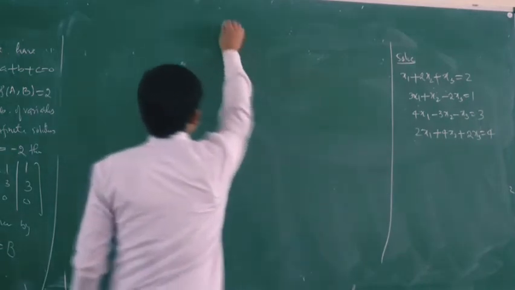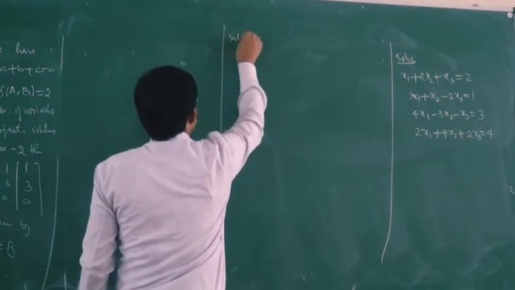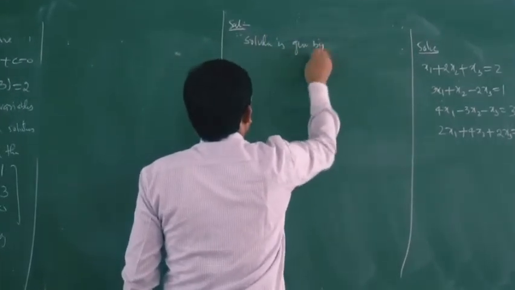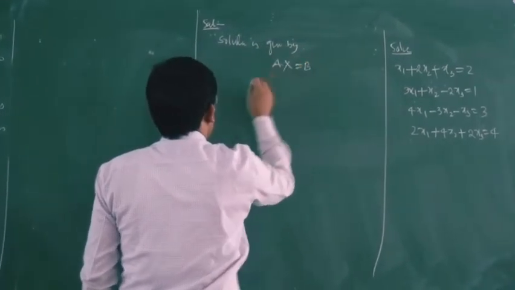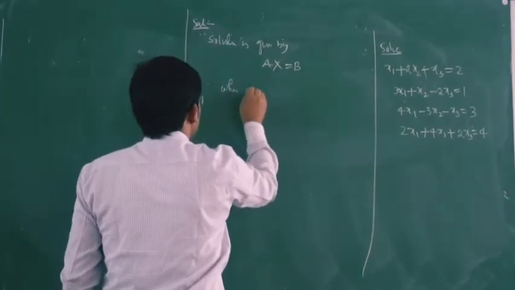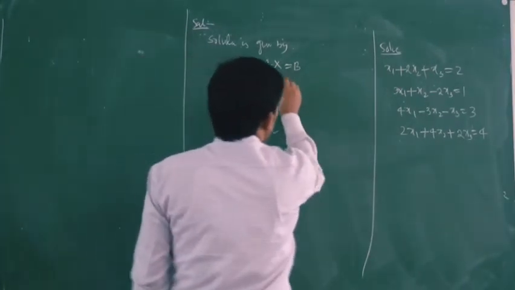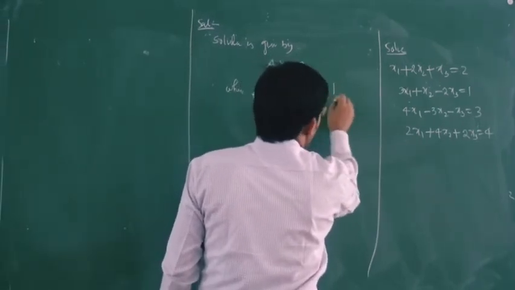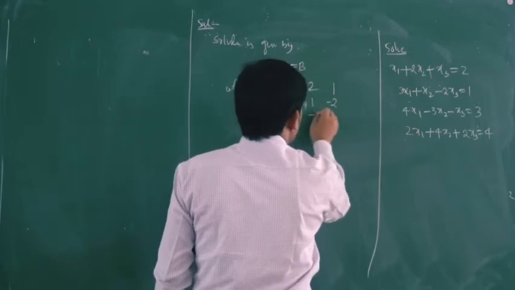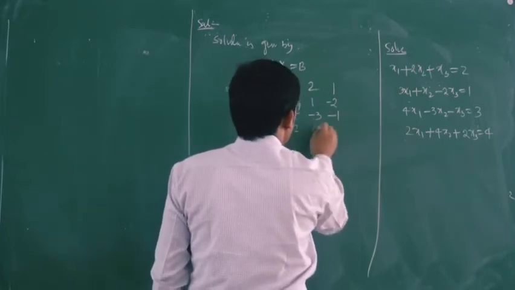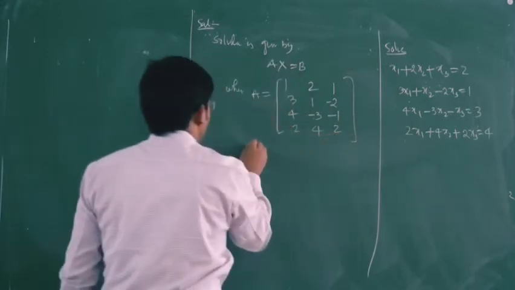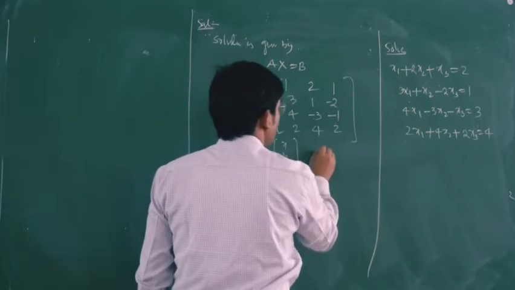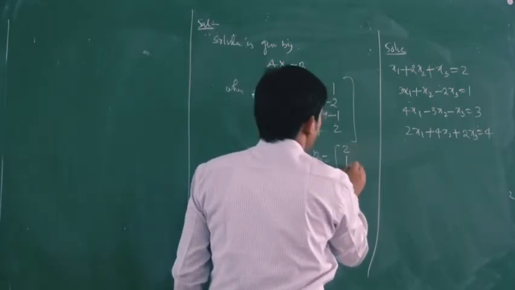The solution is given by Ax = b, where A is the coefficient matrix, which is [1, 2, 1; 3, 1, -2; 4, -3, -1; 2, 4, 2], x is (x, y, z), and b is the right hand side, (2, 1, 3, 4).